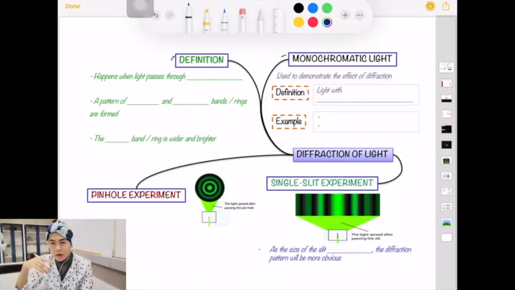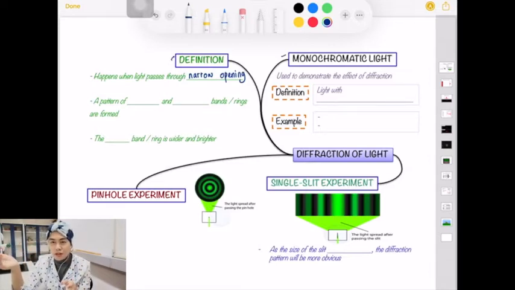For the pinhole experiment, the opening is the pinhole, the hole. The pattern, or the effect, will show bright and dark fringes. If it's a pinhole experiment, we call it dark and bright rings.